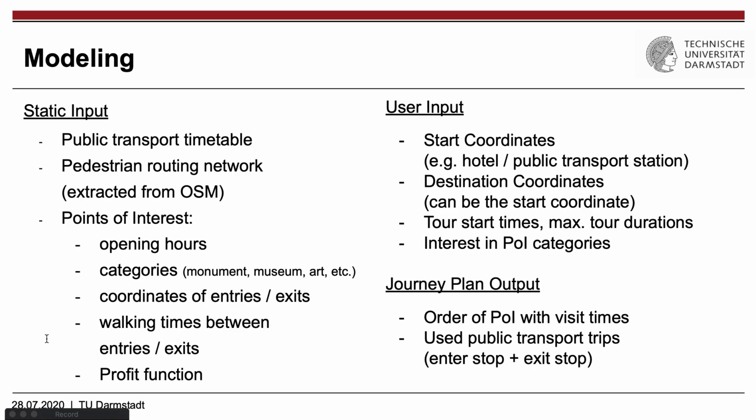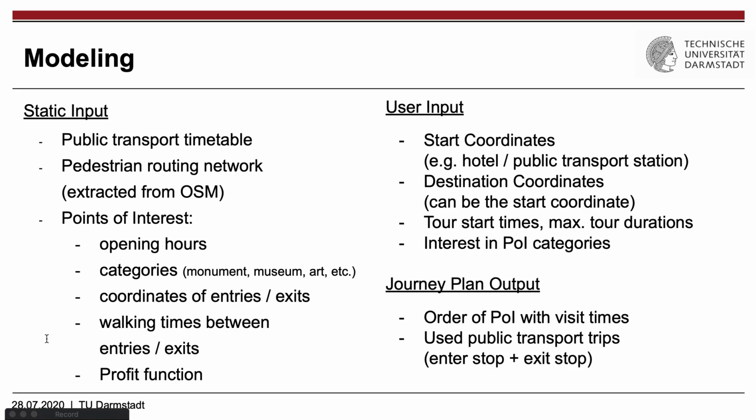As user input, we take the start coordinates, like the position of the hotel or the arrival public transport station, and the destination coordinates, which can be the same as the start coordinates but don't need to be. And the user also provides the start time of the tour as well as the maximum tour duration.